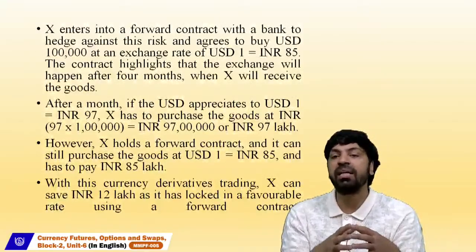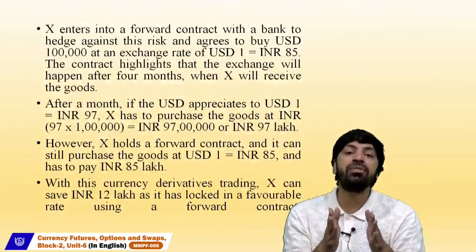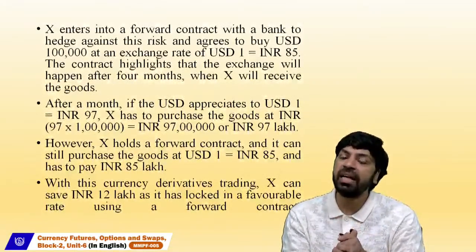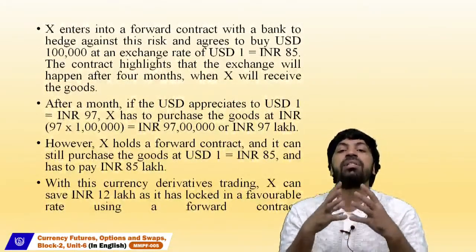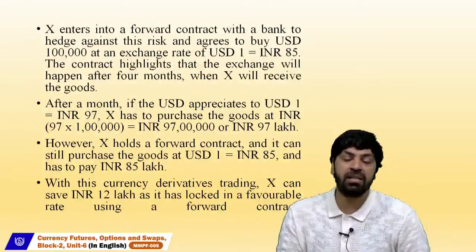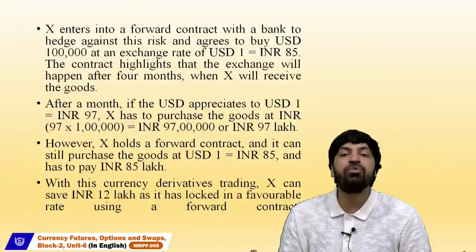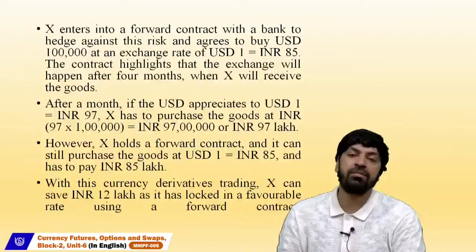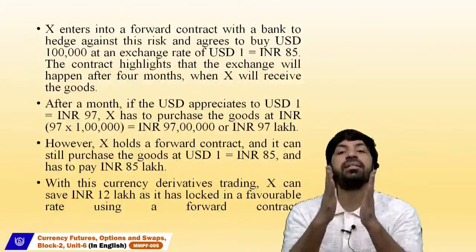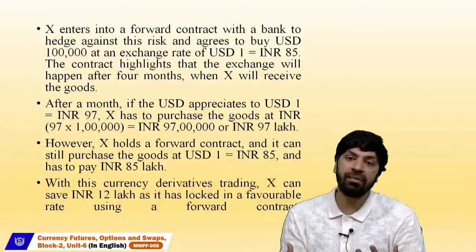Because the company entered into such a contract, X saved 12 lakh rupees at the favorable rate locked in by the forward contract. So this is how a currency derivative works in a real scenario.